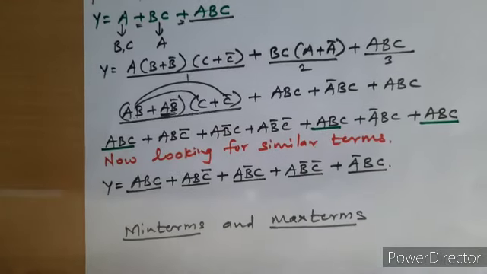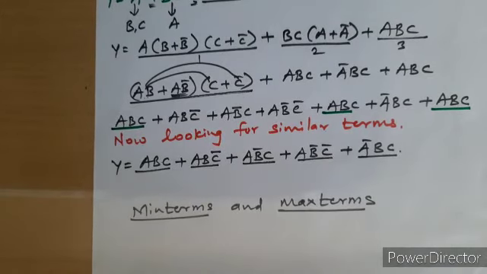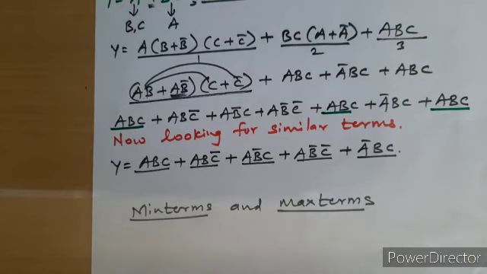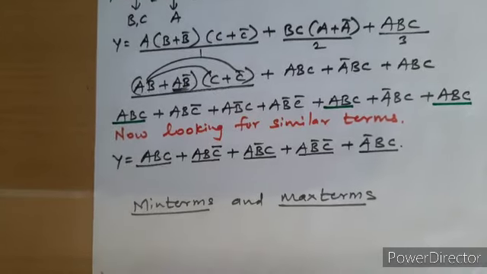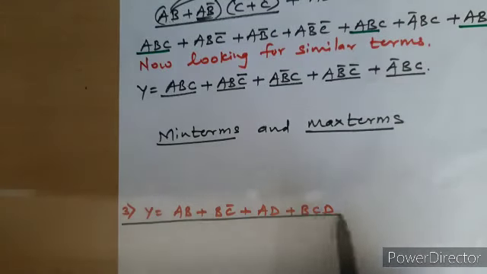So that is what these min terms, max terms or SOP or POS are going to help us to design a circuit from simply a truth table. Okay, till then you can try to solve this equation.